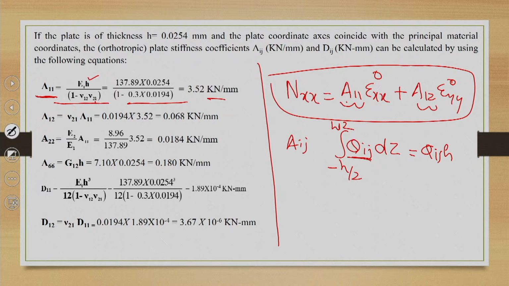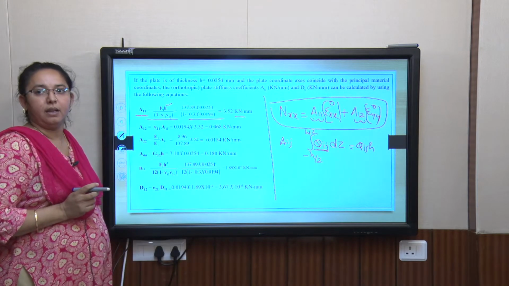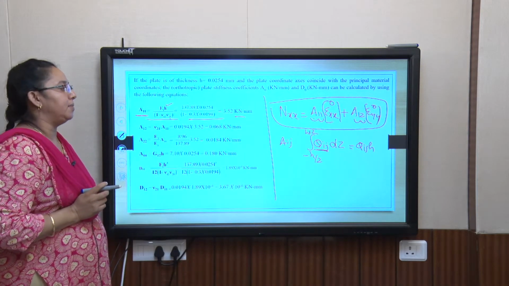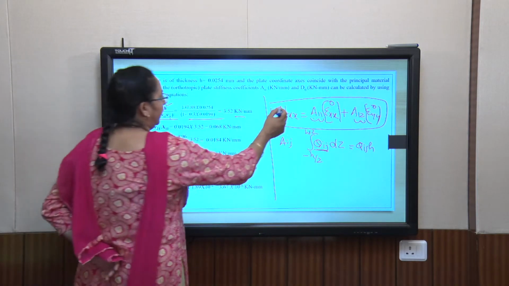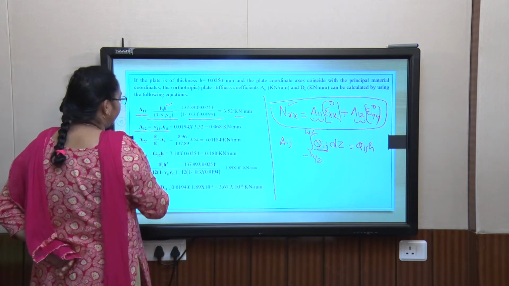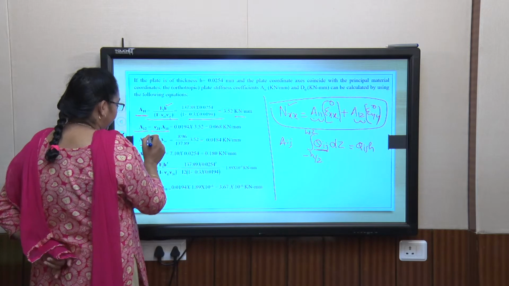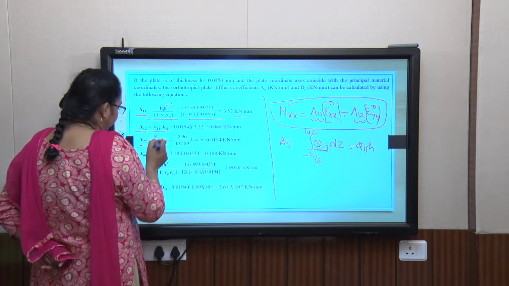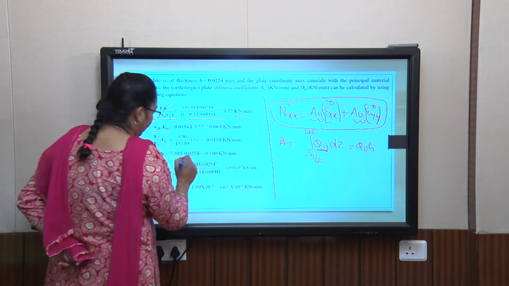If we know A11, if we know A12, and through some experiments we are able to find at any point the strain epsilon xx naught, epsilon yy naught, we can evaluate Nxx. A12 is mu21 into A11, A22 is E2 by E1 A11, then A66 up to here.